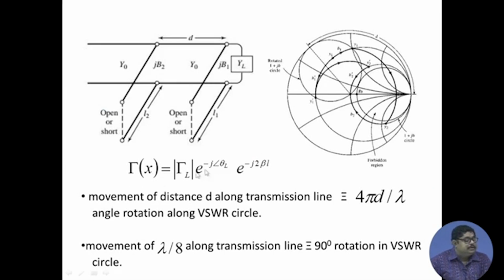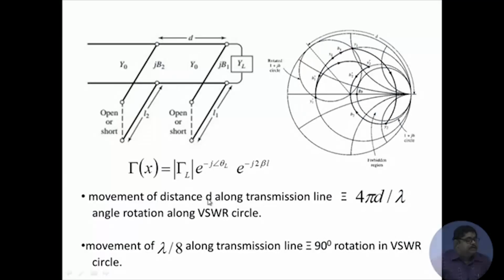We know this transmission line equation, that gamma x is equal to gamma L times this. A movement of distance d along the transmission line means, from here you can find out, beta is equal to 2 pi by lambda. If you put that, a movement of distance d along the transmission line means a 4 pi d by lambda angle rotation along the VSWR circle. We have already seen that moving along the same transmission line means moving along a VSWR circle.